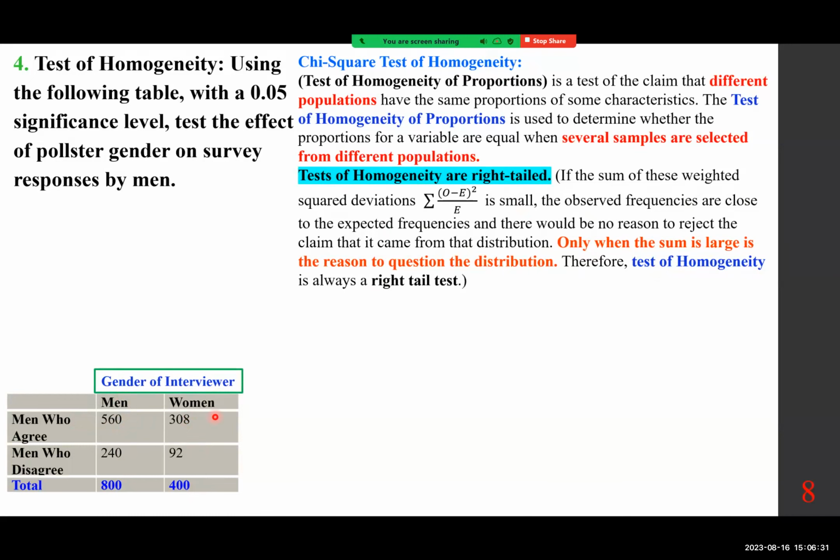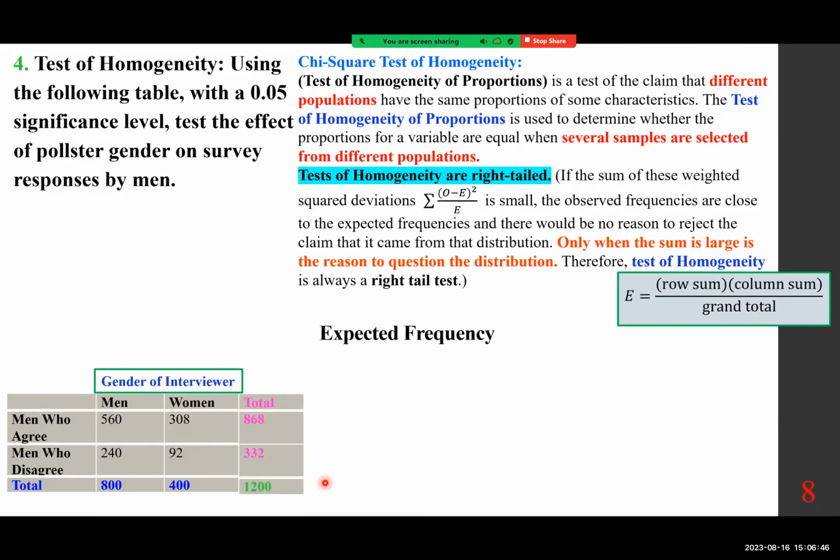And we are going to go with the row. We add up these two numbers, we add up these two numbers, and this is the grand total again. And so we can find the expected value just as before, row sum times column sum over the grand total.